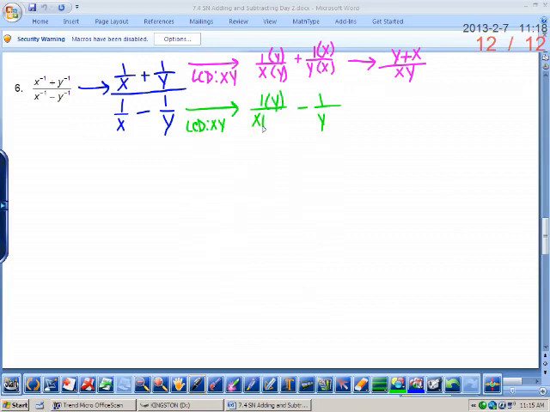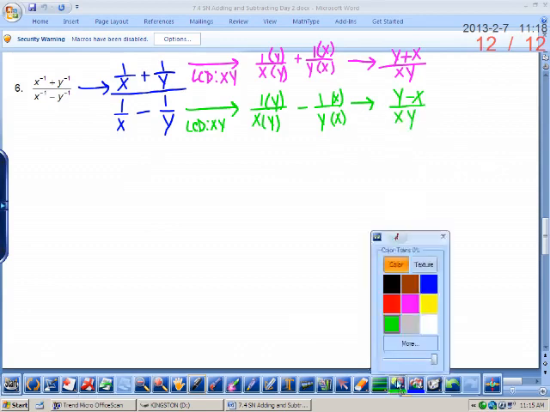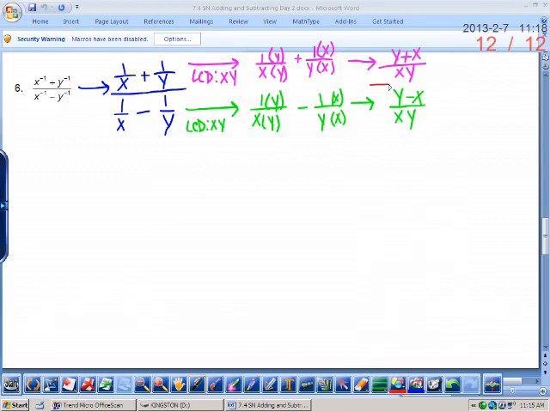So then we're going to multiply by y over y, by x over x. We're going to get y minus x over xy. Okay? Now, these two fractions are being divided.